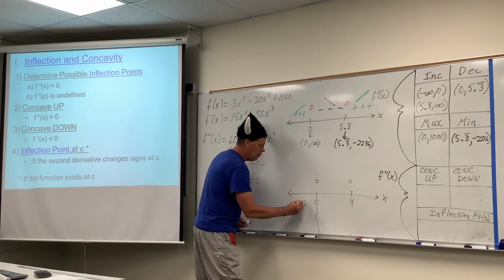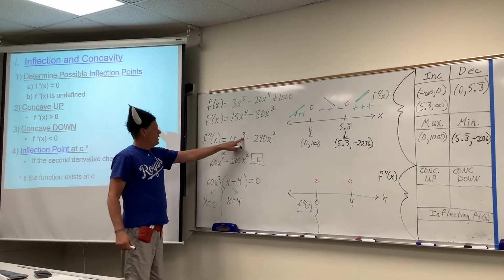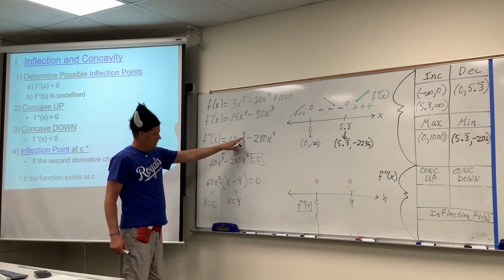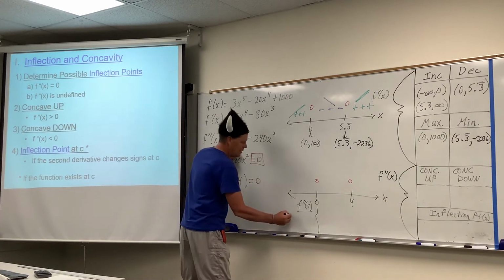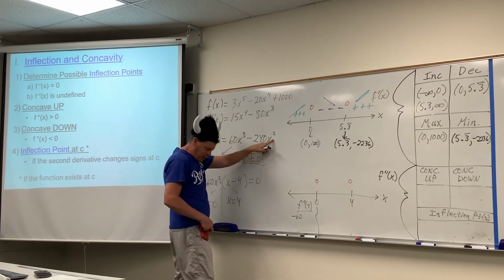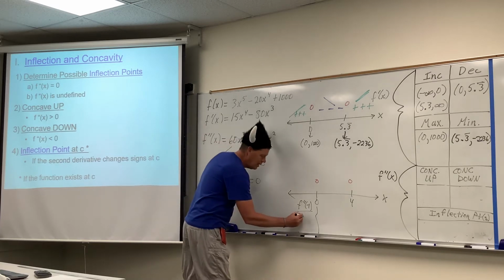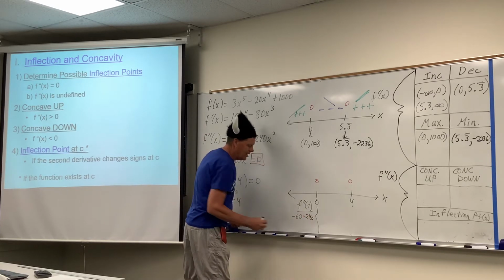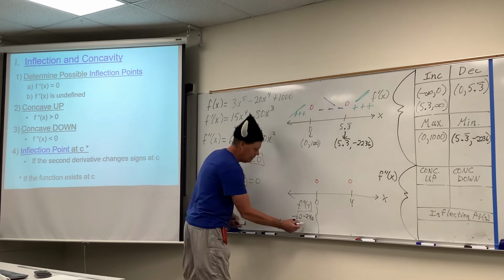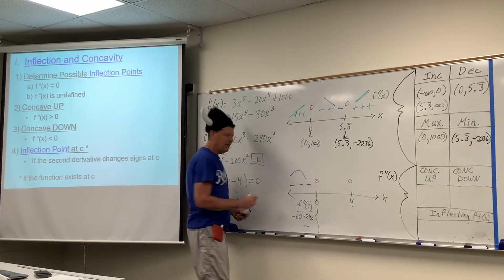F double prime, how about negative 1? Negative 1 cubed is negative 1, times 60, that'd be negative 60, and then negative 1 squared is positive 1, and that'd be minus 240. It looks to me like the second derivative would be indeed negative out here, and let's remember that means concave down.